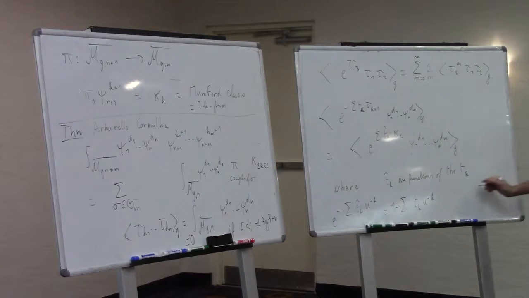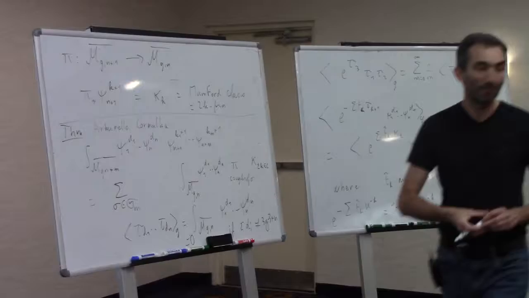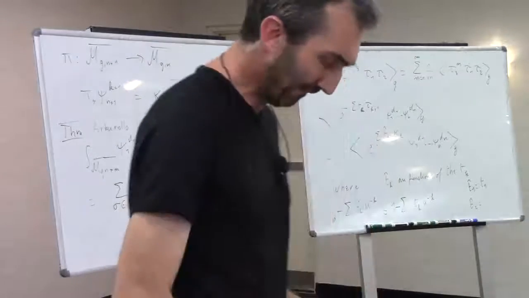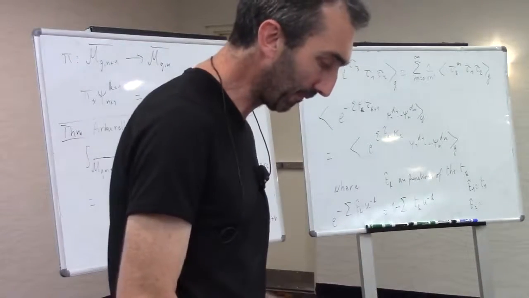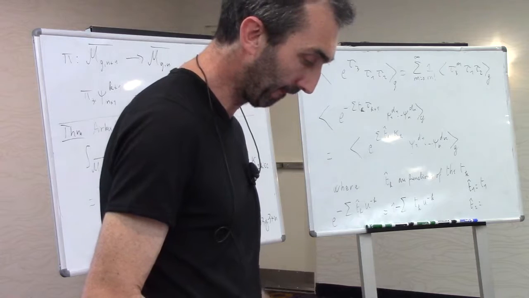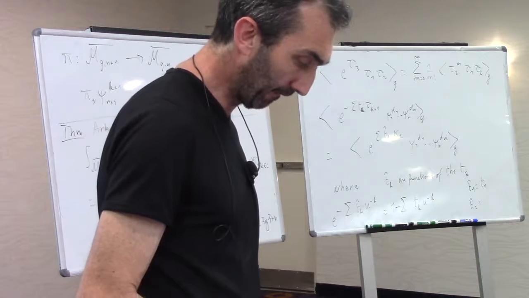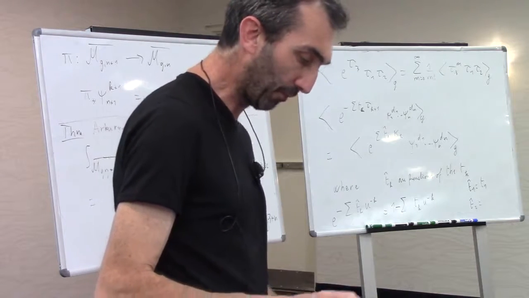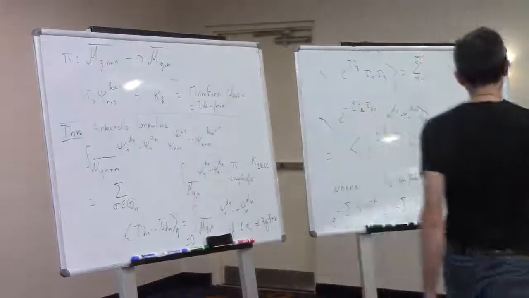Okay, and for instance, you have t hat 1 equals t_1, and t hat 2, I don't remember it by heart, so for instance, t hat 2 is t_2 plus 1 half of t_1 squared.